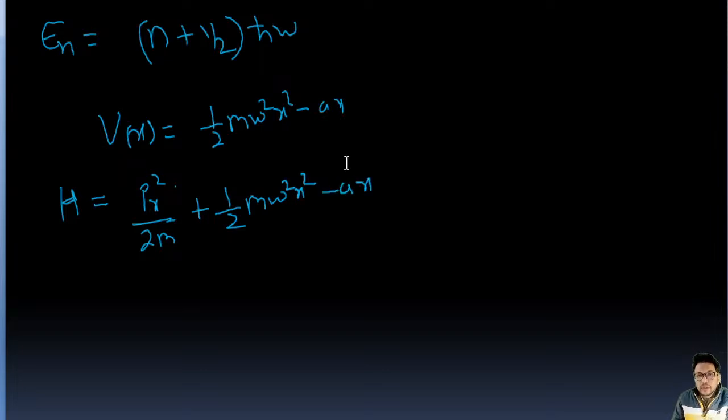For the given V(x), the Hamiltonian is going to be this, right?